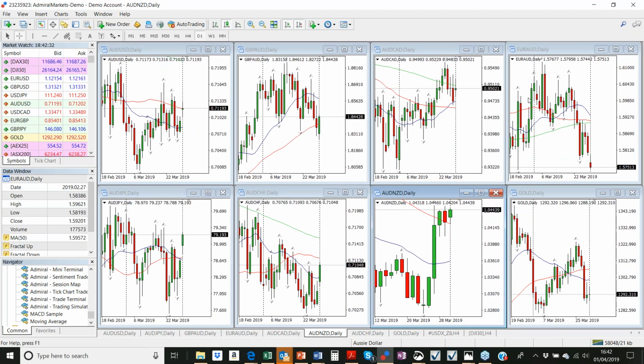So that was the 8 major pairs plus the dollar index that we've just taken a look at. What you could do is, there might be particular instruments or particular currency pairs that you might actually like. Maybe you're a fan of the Brazilian real or the Turkish lira or the Swedish krona.